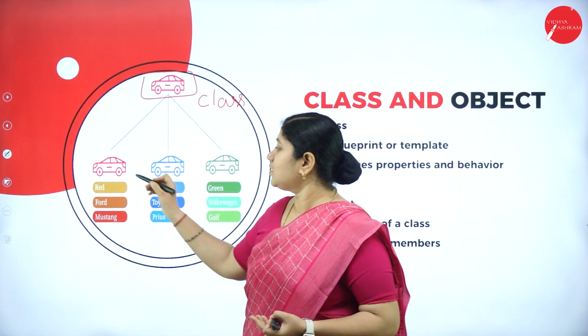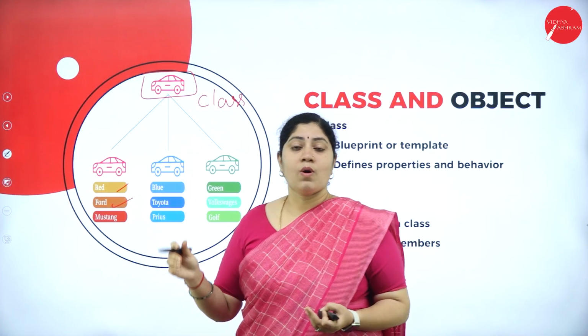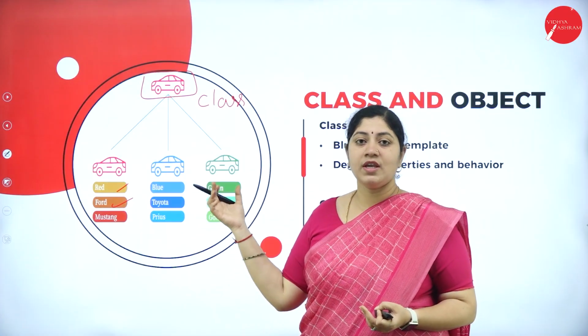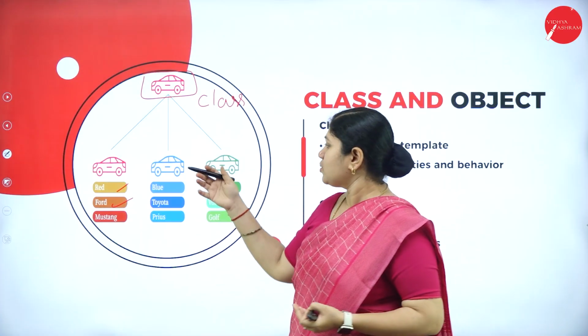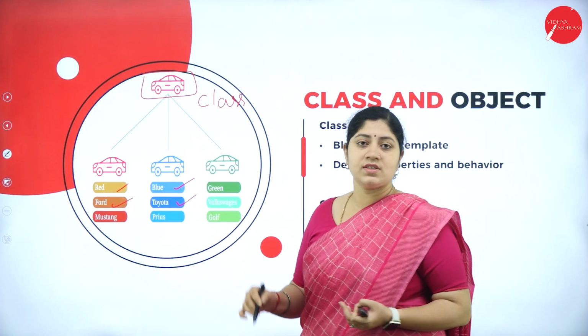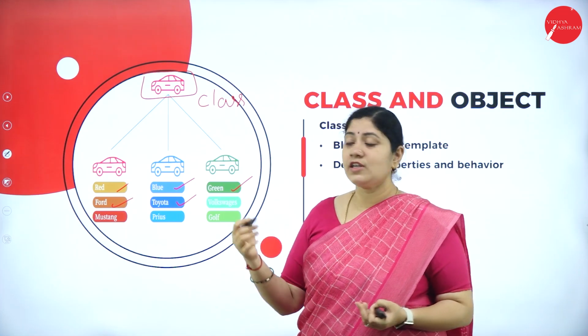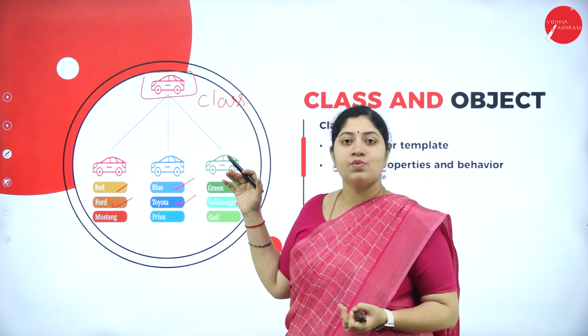We can see that the color can be explained, and the make or the model of that particular car can be considered as an object. Up next, we can see that the next car is of blue color and the model is a Toyota. Similarly, the next car is a green one and the model is Volkswagen.